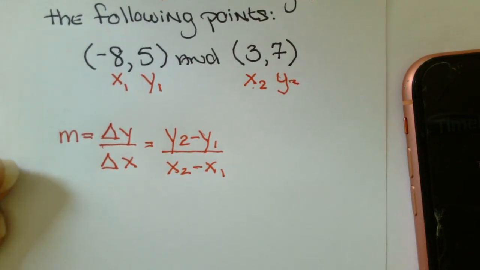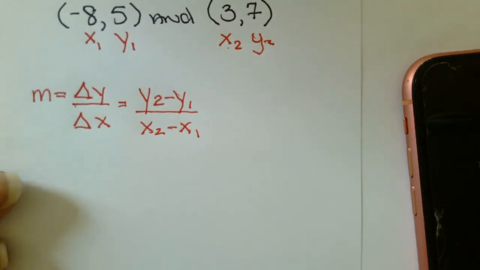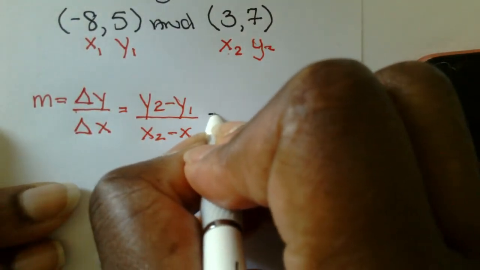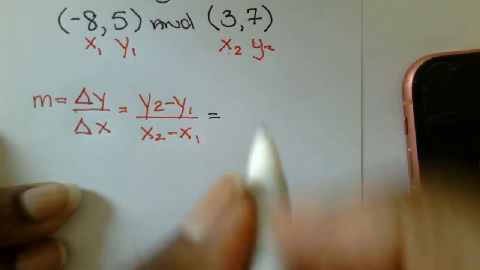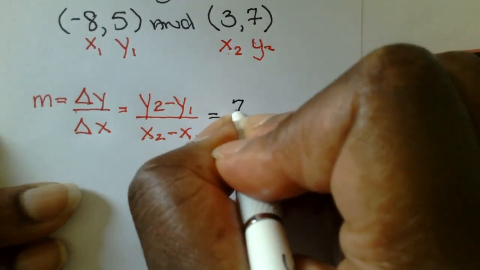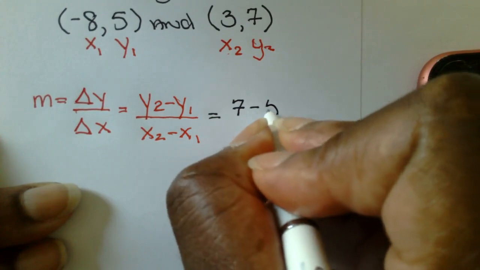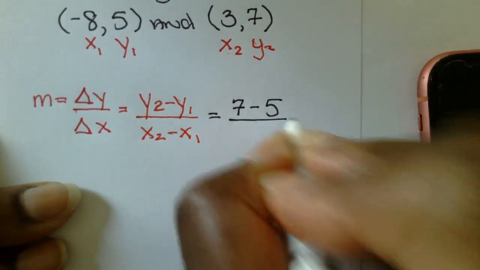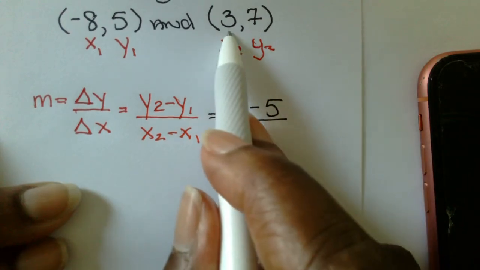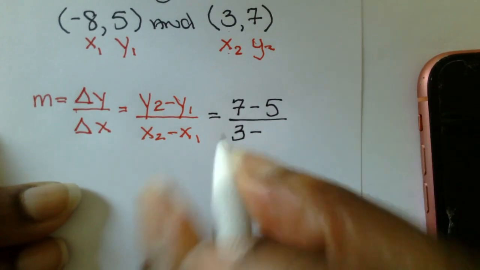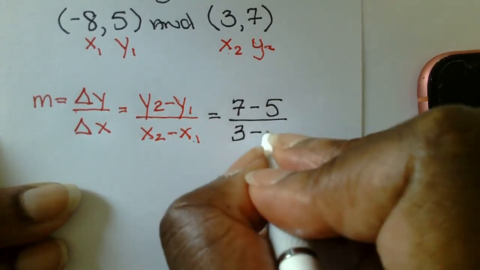Using this formula, we're going to plug in our information. Our y2 is 7 minus our y1, which is 5, over our x sub 2, which is 3, minus our x sub 1, which is -8.